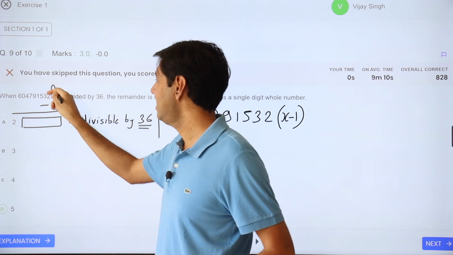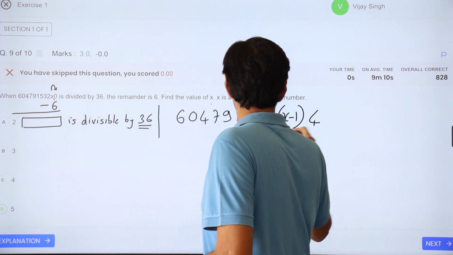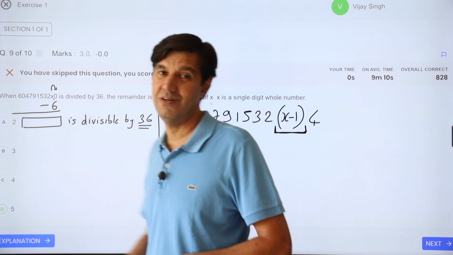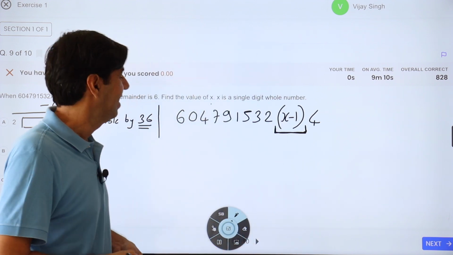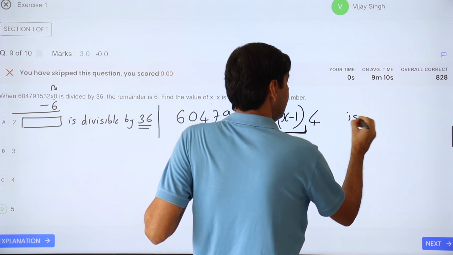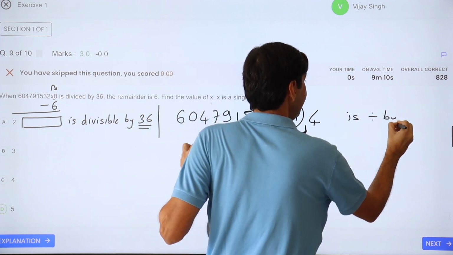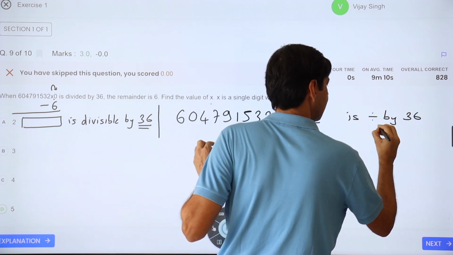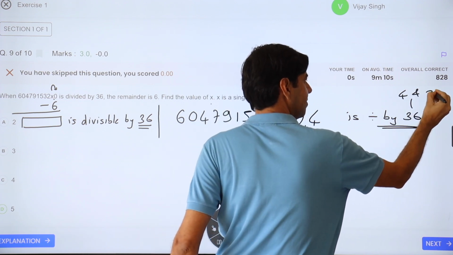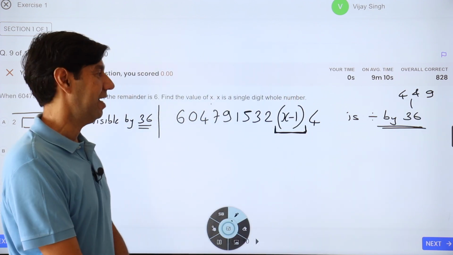And then there's a 10, 10 minus 6 is a 4. Remember, this is just a single digit. Can I do this type of work? Yes, you can. It's a little tricky business now. But when you do, this is divisible by 36. Oh, 36 is 4 and 9. So this is divisible by 36.